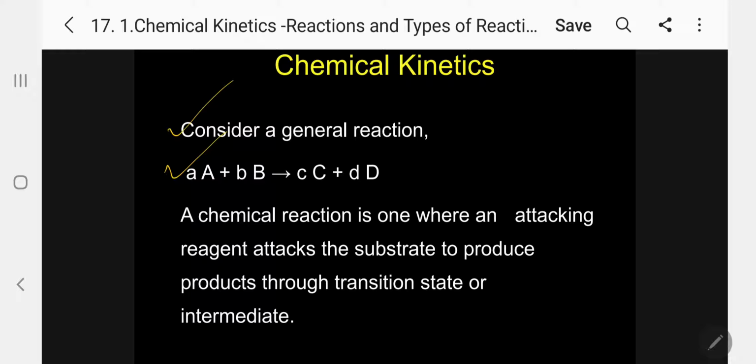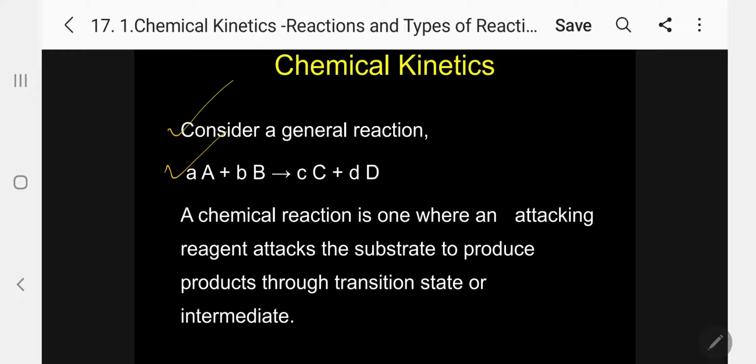That is, a moles of A plus b moles of B giving c moles of C and d moles of D, where capital A, B, C, D are reactants and products. A and B are reactants, C and D are products, whereas small a, small b are the moles of the reactants, and small c, small d are the moles of the products.